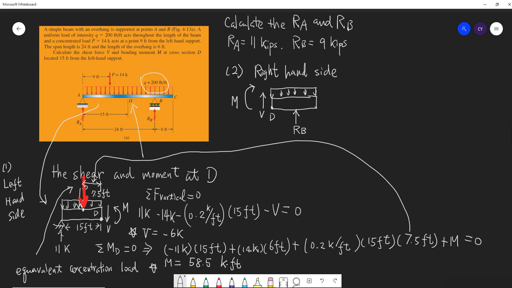Similarly, the summation of vertical force should be equal to 0.